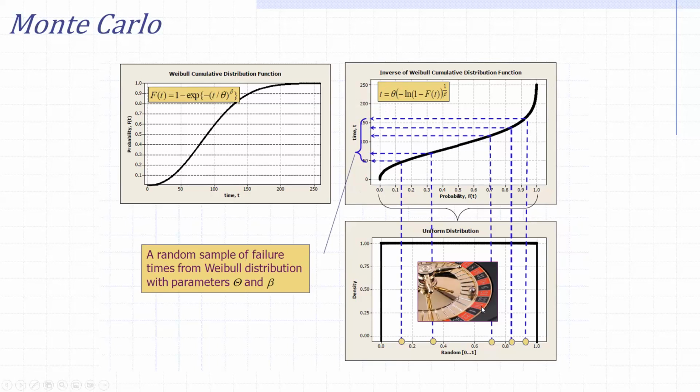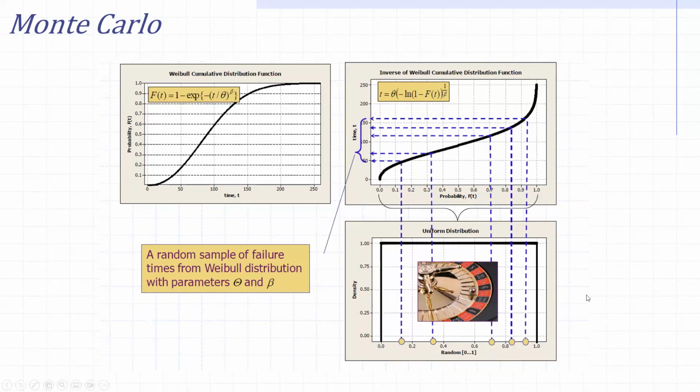Then, in that third graph here, I'm using the uniform distribution as my roulette wheel. Monte Carlo is a gambling game. You spin the wheel and the ball lands on a number, and this number is a winner. So instead of spinning the wheel, I'm using a uniform distribution that can give me any value between 0 and 1. And if you notice here, the 0 and 1 are lined up with the 0 and 1 of the inverse distribution function.